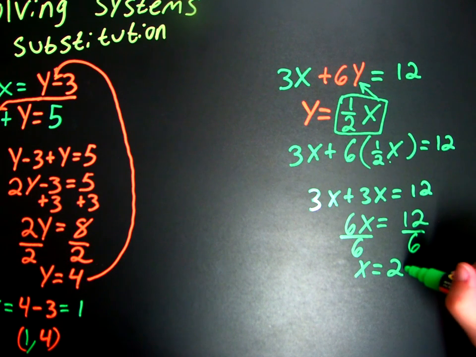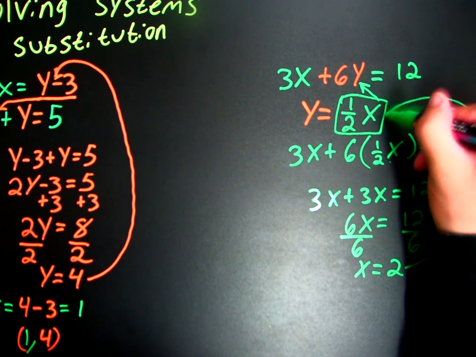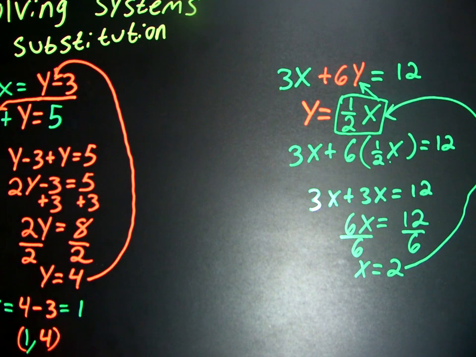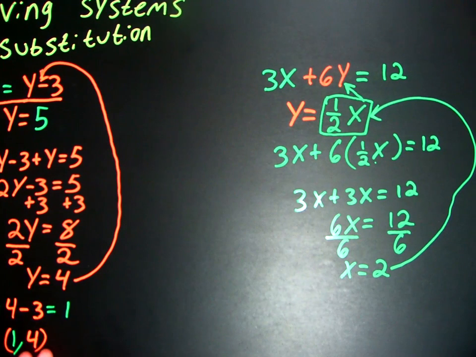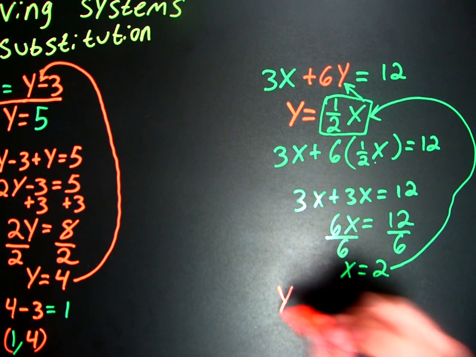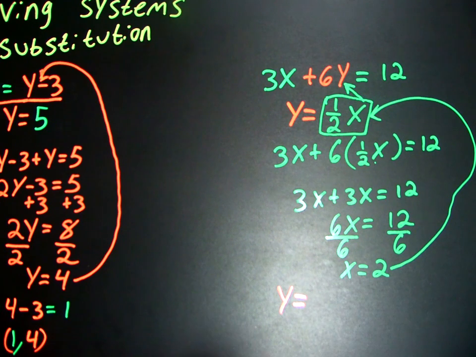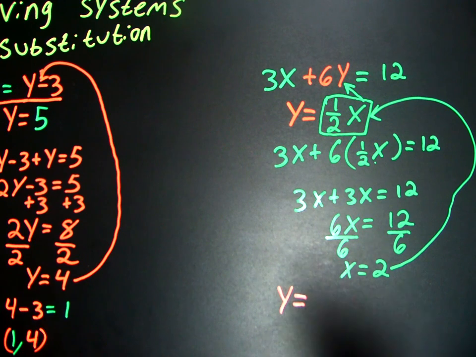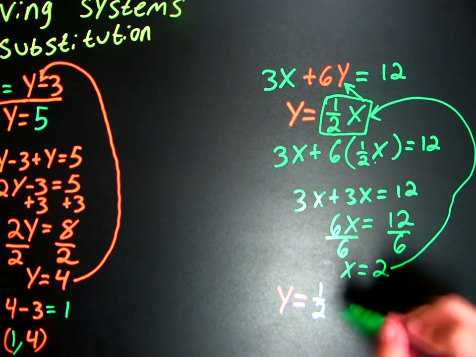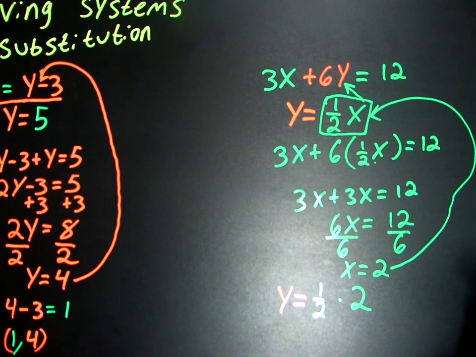We can take that. We're going to plug it into this one this time. And now we will end up with y equals 1/2 times 2, which is just 1.